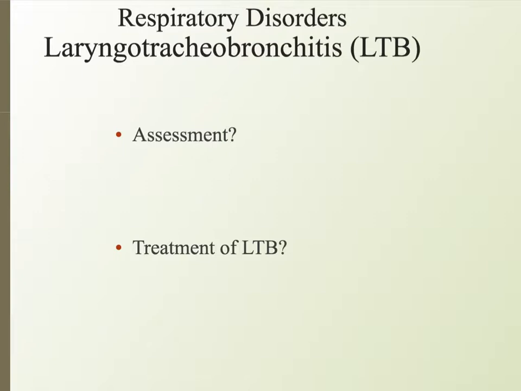We also have laryngeal tracheal bronchitis. What kind of things are we going to assess for? Think back to health assessment class, you guys. What kind of things are we going to ask about? What might we see in their history? Upper respiratory infections, right? That hoarseness, that stridor, or that barking.